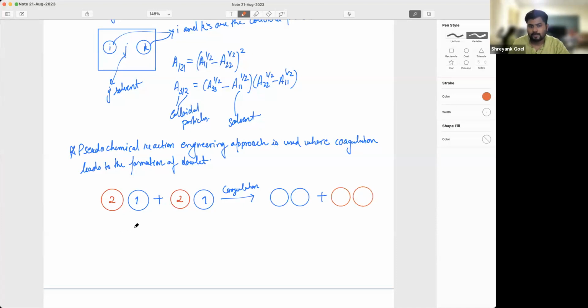So the change in the interaction energy can be accounted as 1, 1, and 2, 2.